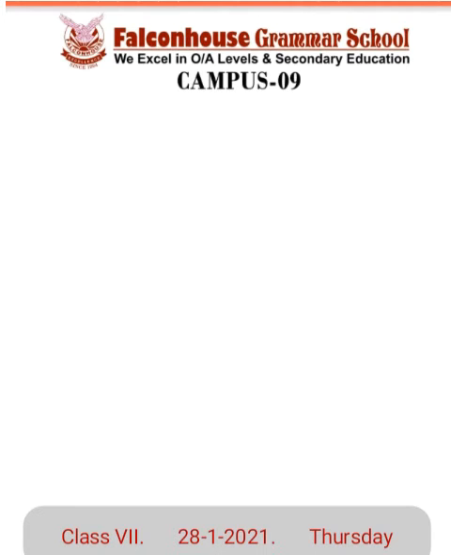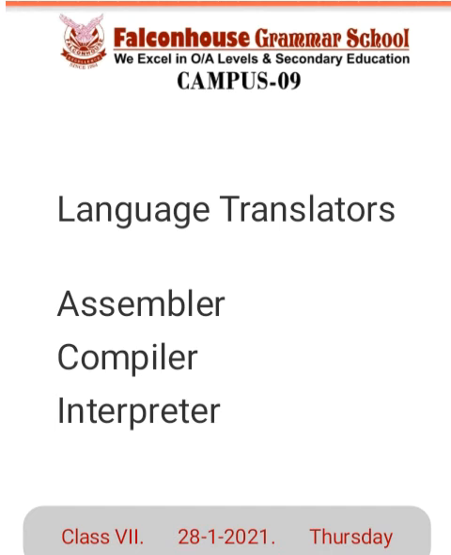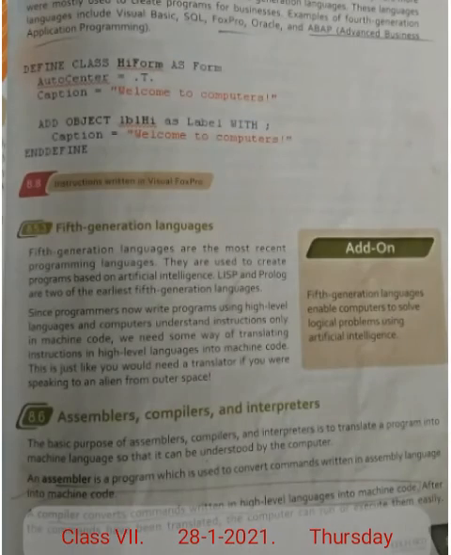So we need language translators like assembler, compiler, and interpreter. These are three language translators that help us to translate the high level languages or the assembly language into machine code. An assembler is a program which is used to convert commands written in assembly language into machine code.